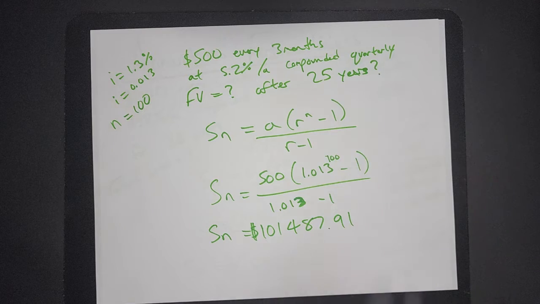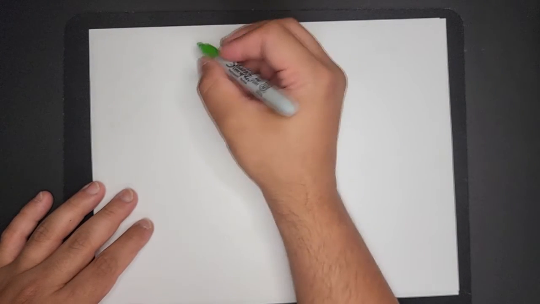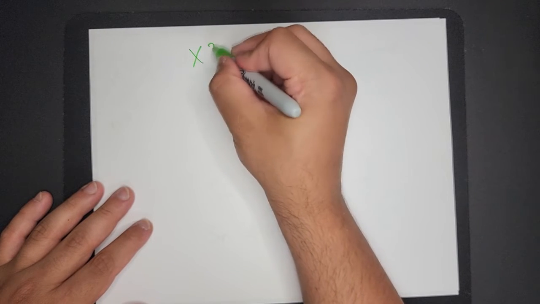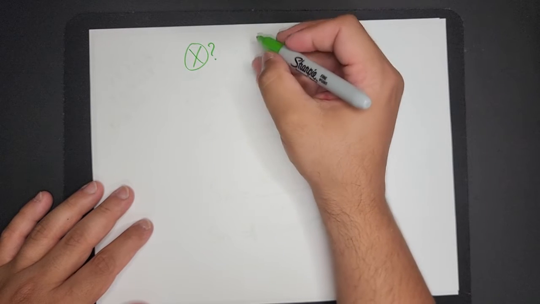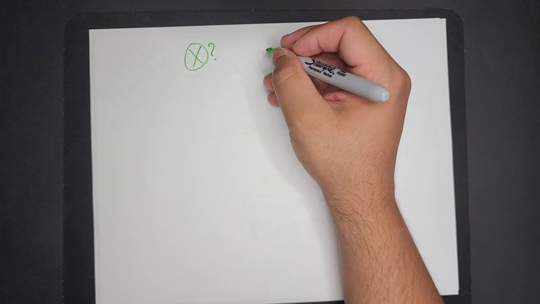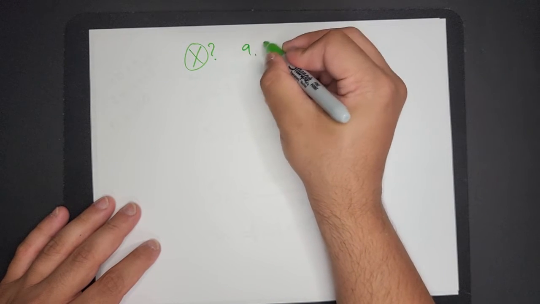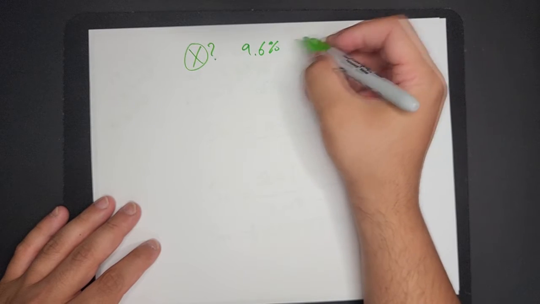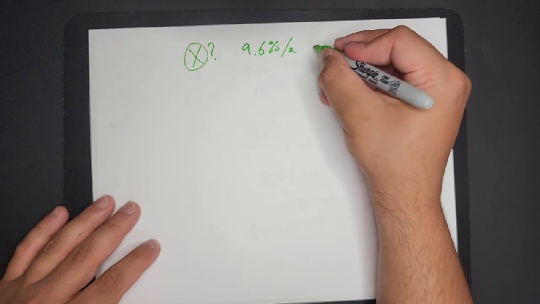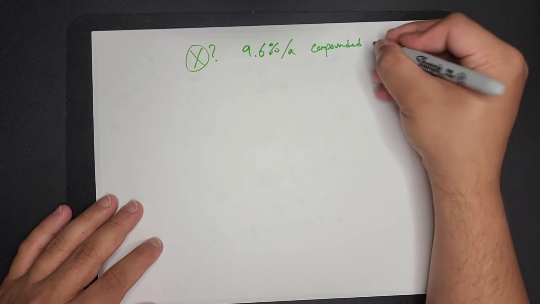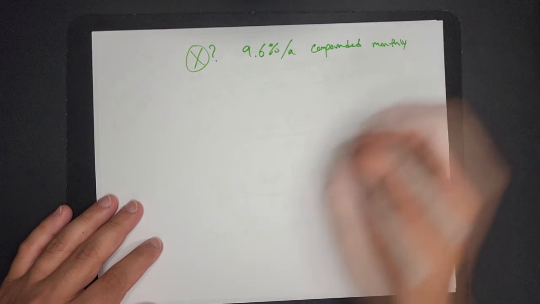Let's look at one more. Let's say I want to make monthly deposits into an account. I don't know what my investment is. Let's call it X. And let's say this annuity, this account, gives me 9.6% per annum, compounded monthly.